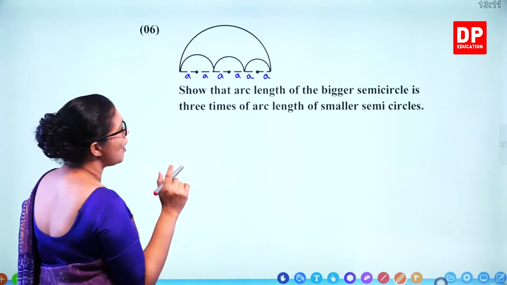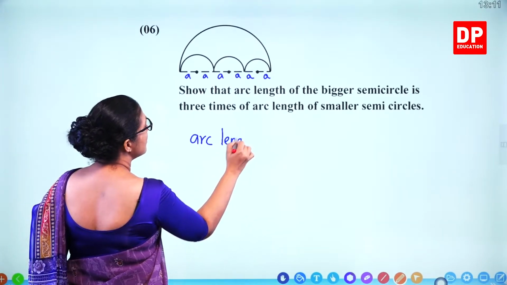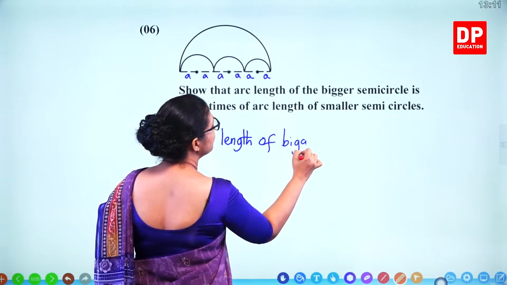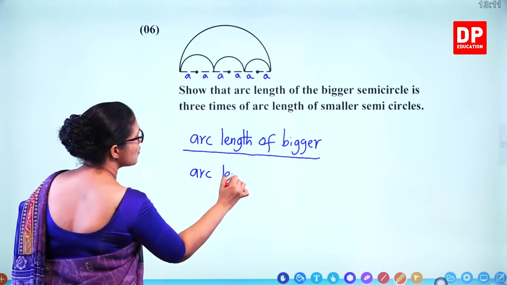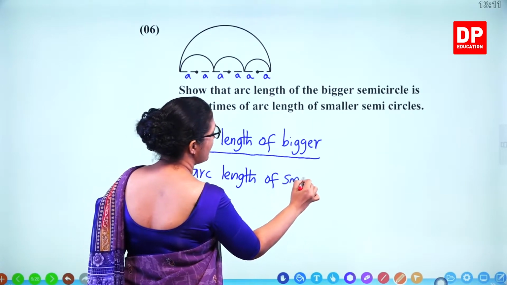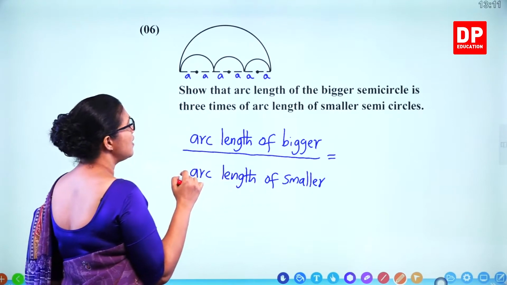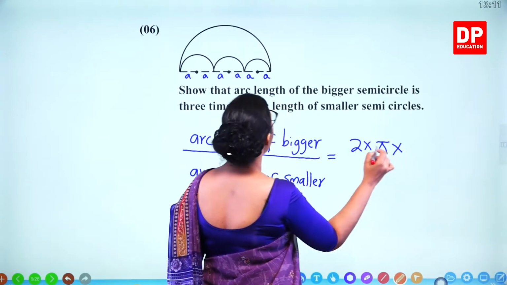So we'll find out the arc length. Arc length of bigger one over arc length of smaller one. That should be equal to 3. So we'll use the arc length of bigger, 2 pi r. 2 times pi times r.